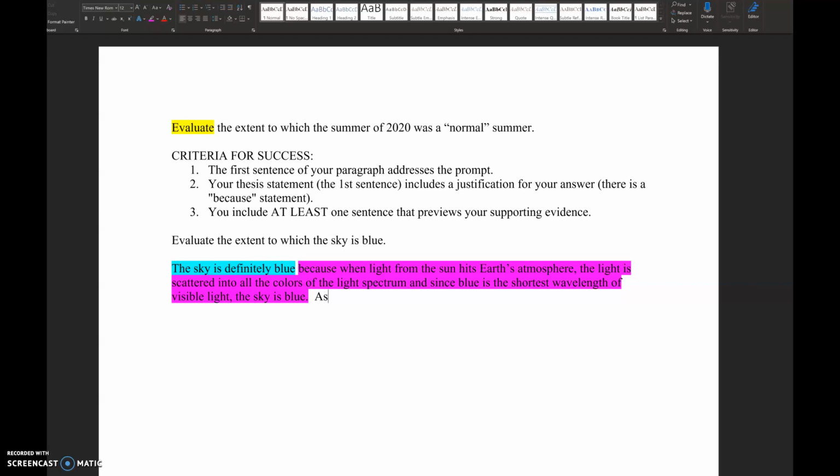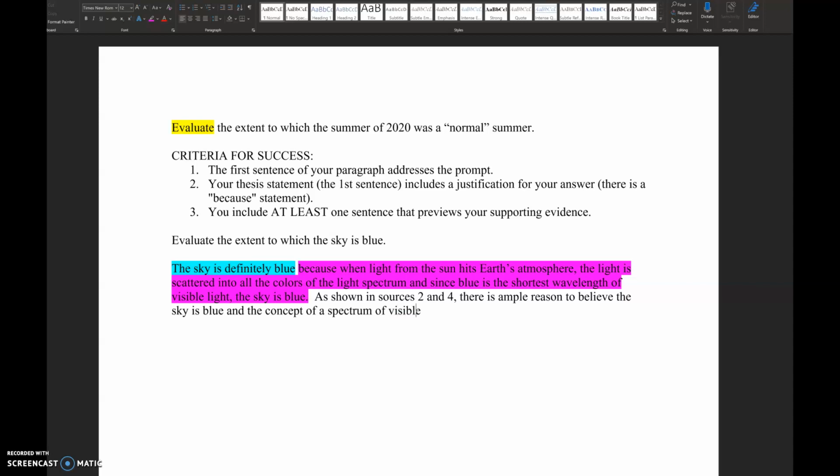As shown in sources 2 and 4, there is ample reason to believe the sky is blue, and the concept of a spectrum of visible light.